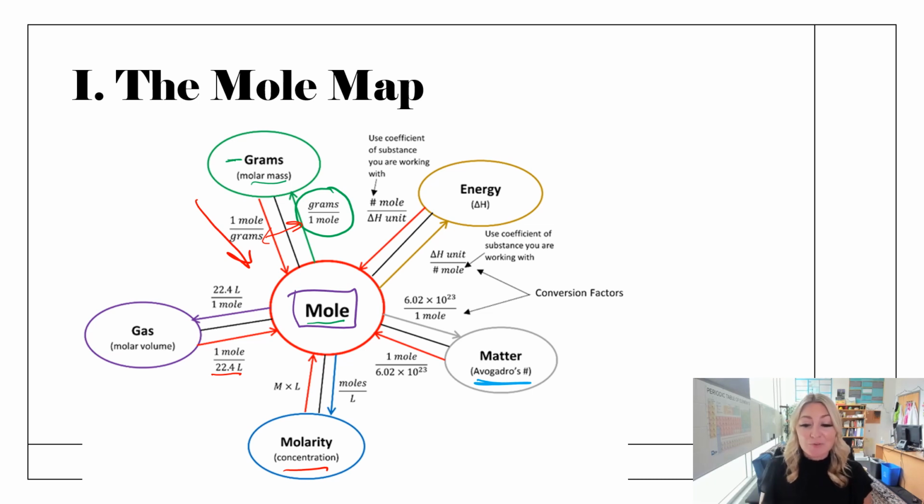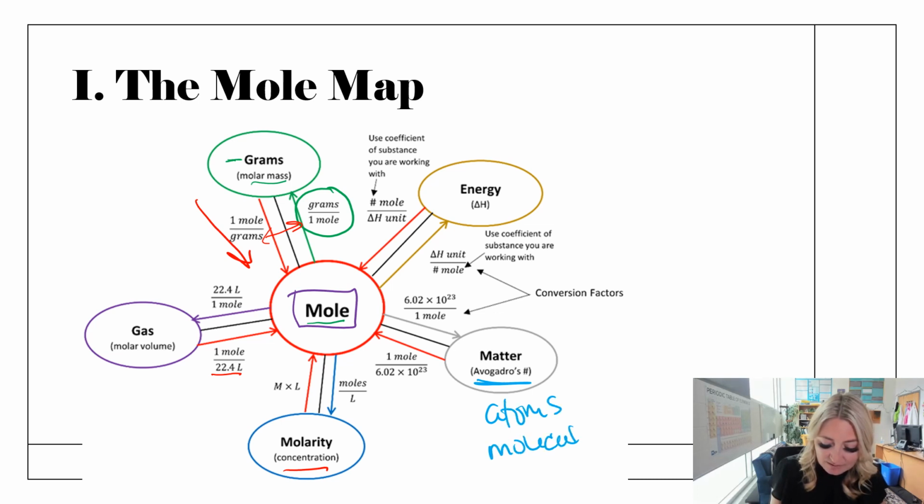So depending on whether we're converting our substance to moles or to atoms and molecules, and I'm just going to put atoms and molecules here because those would be your keywords, we have conversion factors for that.